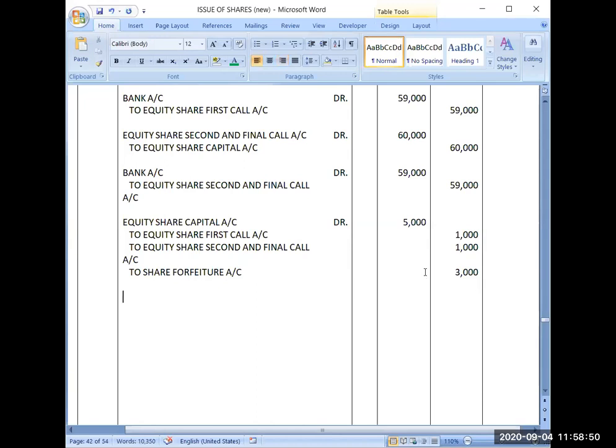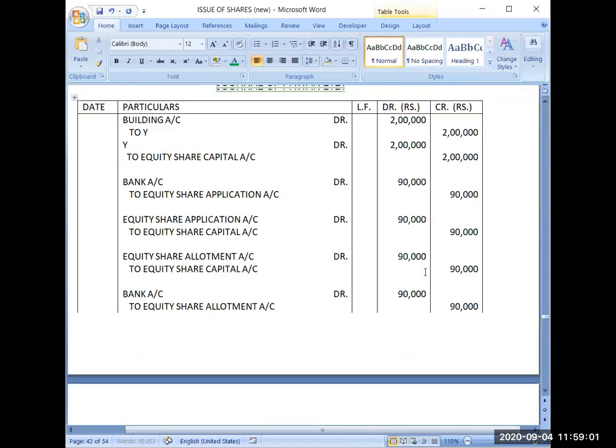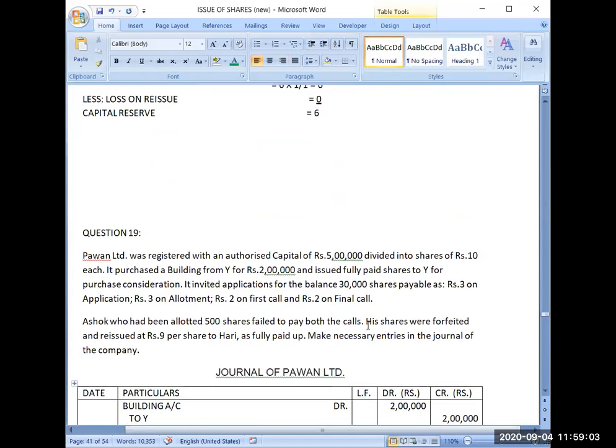Now we will be reissuing these shares. We have forfeited 500 shares. Bank account debit. When I am reissuing, I have to decide whether I am reissuing at par, at premium, or at discount. So now see the sentence. These shares were forfeited and reissued at rupees 9 per share.